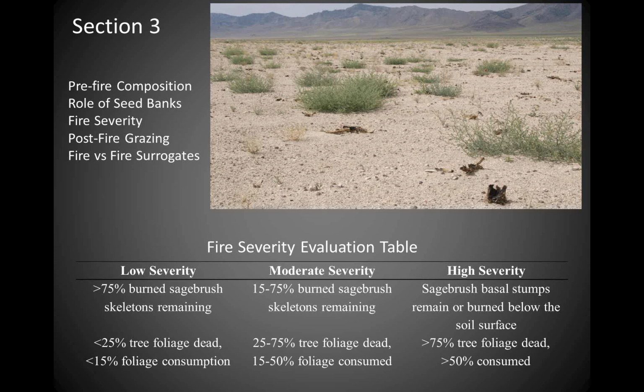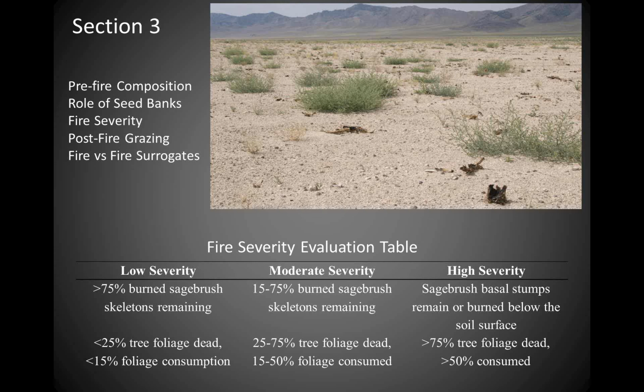This is just a very small portion of a table to give you an example, but oftentimes when we go to a site, we don't have it instrumented to know how hot the fire got and how far down the soil temperatures possibly caused severe conditions that would influence microorganisms or roots. There are certain things that we can go out and look at immediately after the fire that can give us a pretty good handle on whether this was a relatively low severity, moderate severity, or high severity fire.